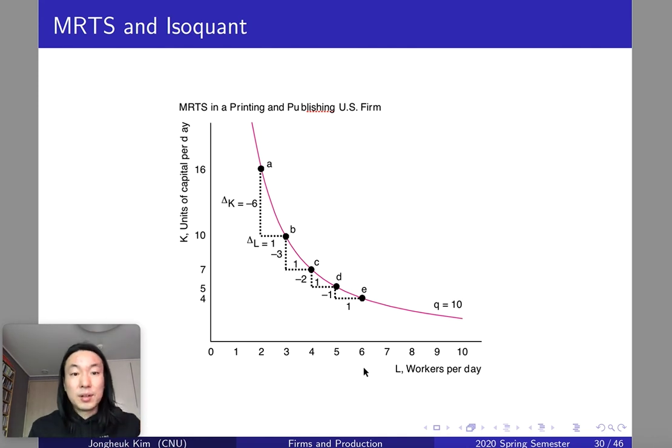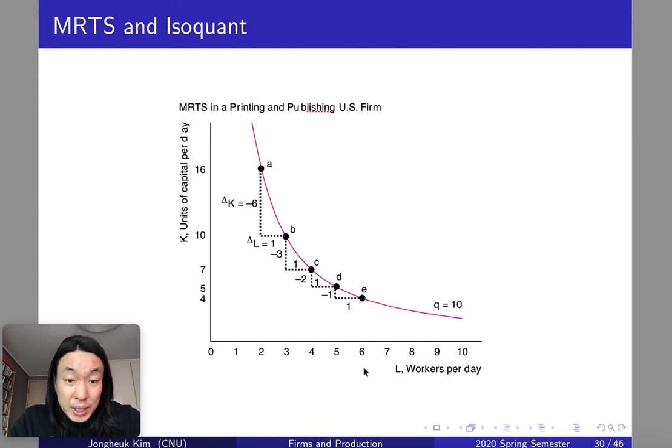So the slope from A to B is -6, which means that from point A to point B, the quantity of output is the same, 10, right? So in order to maintain 10 units of output, if you want to increase one more unit of labor, then you should decrease 6 units of capital to maintain that output.